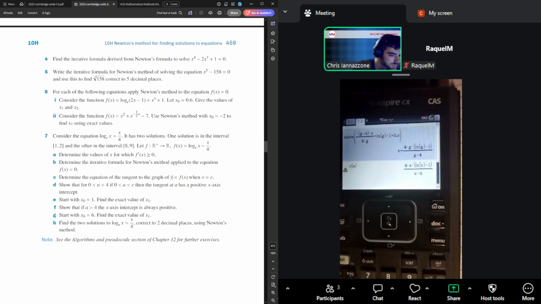Let me pull up the solutions for this one. Okay. We're in 10H, question 7. I'll change the screen share over in a bit once I find it.